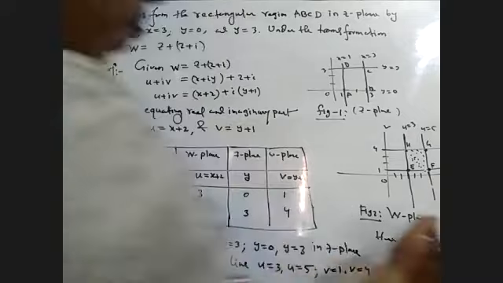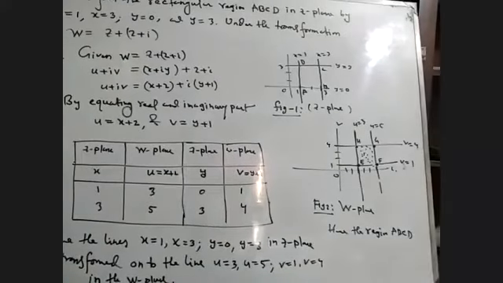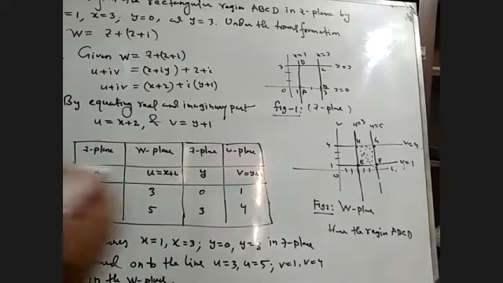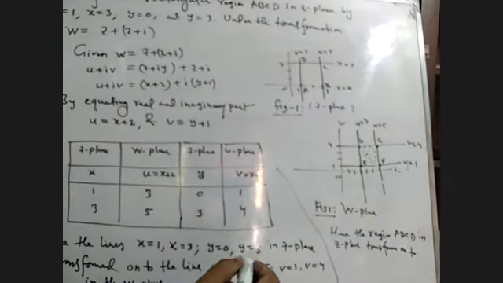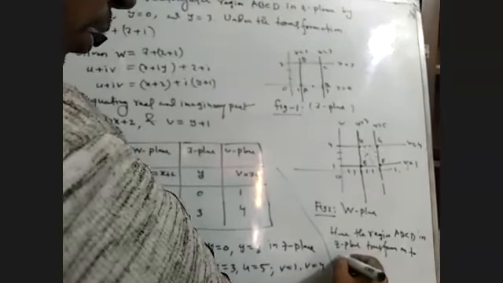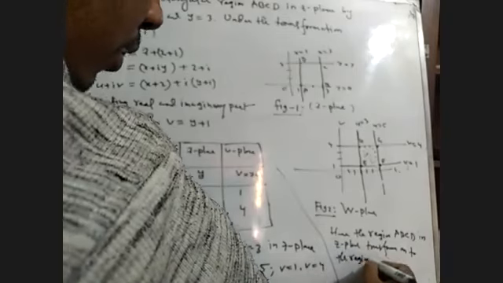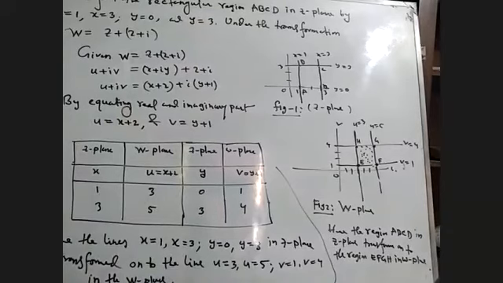Hence the region ABCD in the Z plane is transformed onto the region EFGH in the W plane.